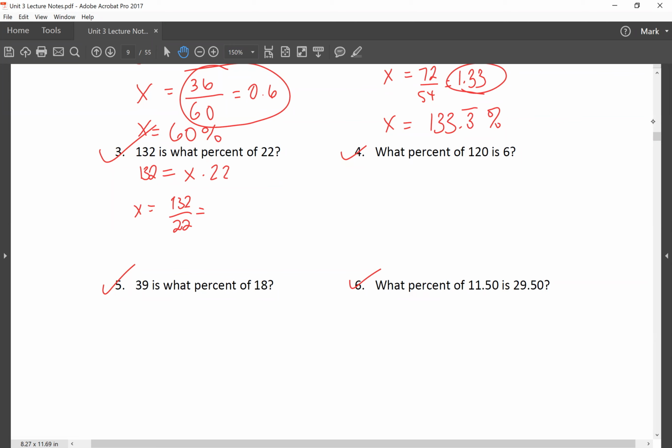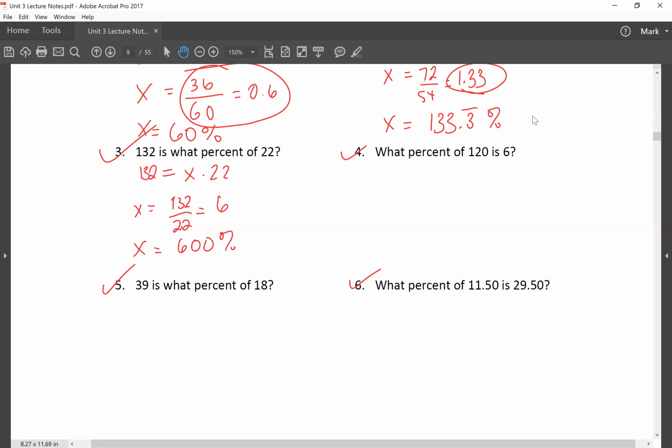Okay. So this is again another interesting answer. My calculator is telling me 6. And if you wrote that on a test or an assignment, you wouldn't get full marks. You'd have to say that it's 600%.